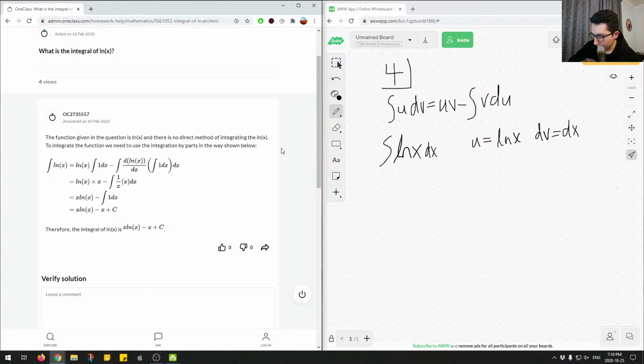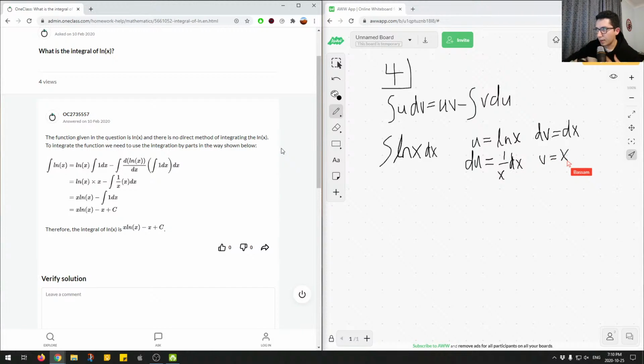Then du, the derivative of u, which we set to ln x, is just 1 over x dx, because we know the derivative of ln x is 1 over x. And then we want to evaluate v here. If we integrated dv equal to dx, we would get v equal to x.